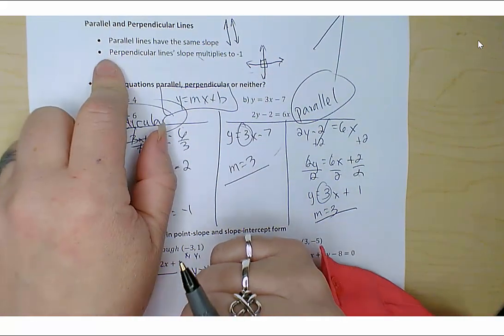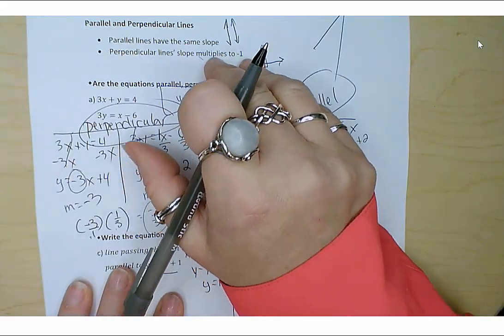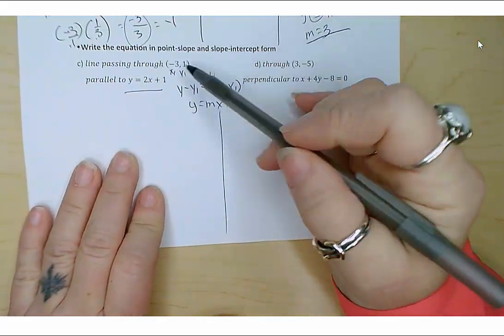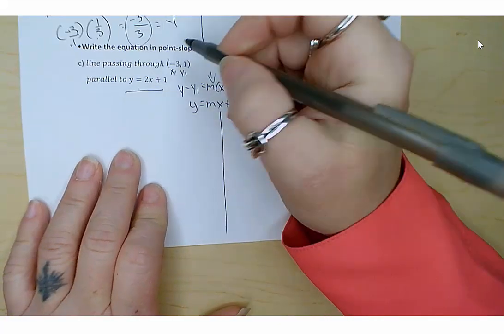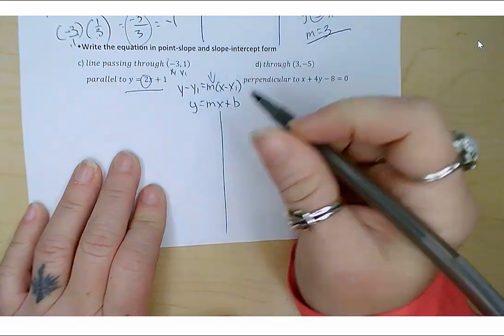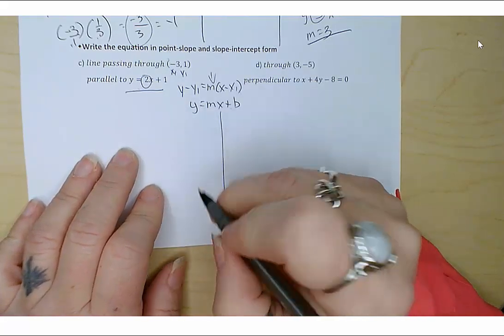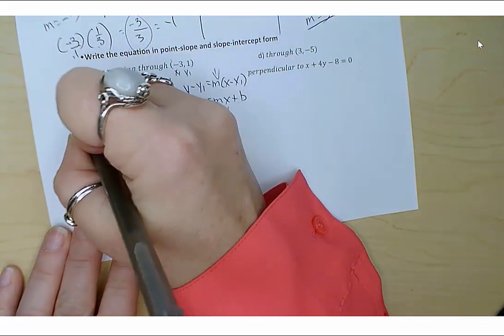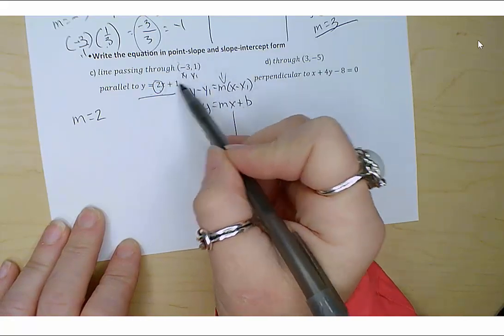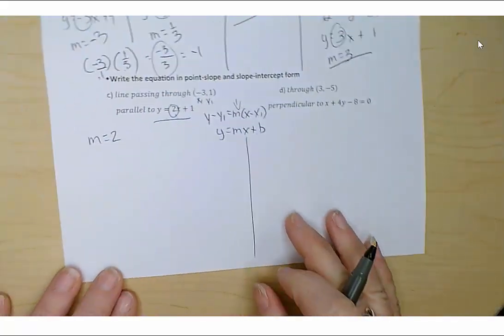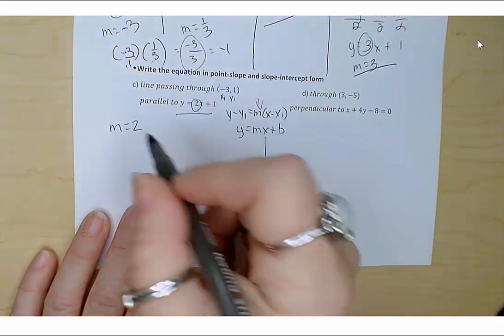Going back up to the definition, parallel lines have the same slope. So the slope of this equation is also the slope of my equation that I want to use. So we're going to say that our slope is 2, and it's going to go through this point. So let's go ahead and plug that into the point slope formula.